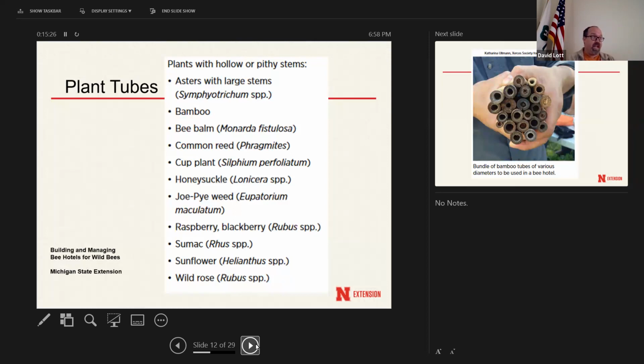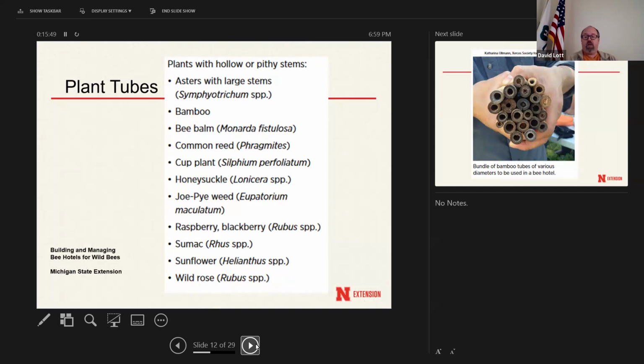Raspberries and blackberries, the canes work perfect. Sumac, we have the native sumac, like the skunk sumac or the staghorn. We also have some of the more developed, tamed sumac like Tiger Eyes, which is a really nice landscape plant. You can use those. Of course, all those sunflowers and your roses.